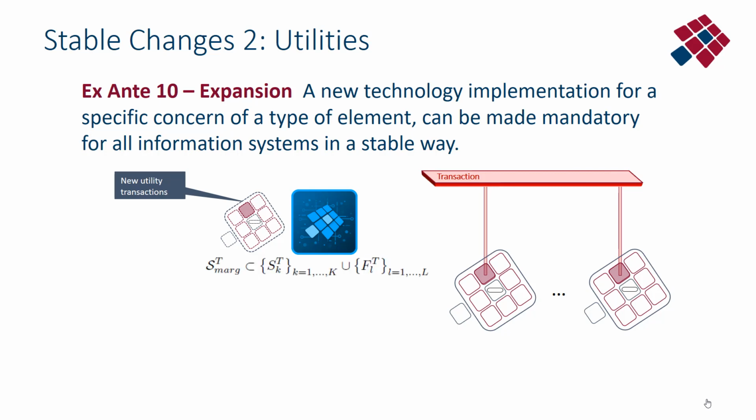Once again, the marginal set of additional versions of software classes consists of the templates of the various elements, the templates for which the technology corresponds to that utility. So it is bounded by the set of template classes in the elements.